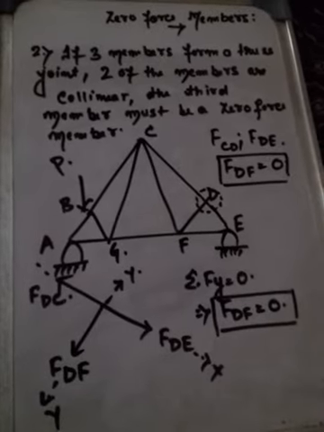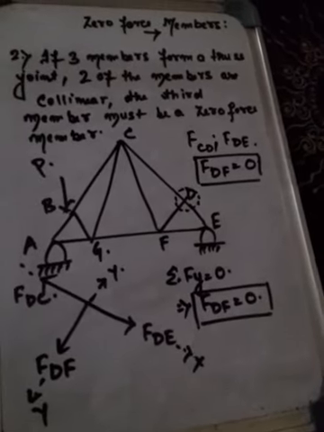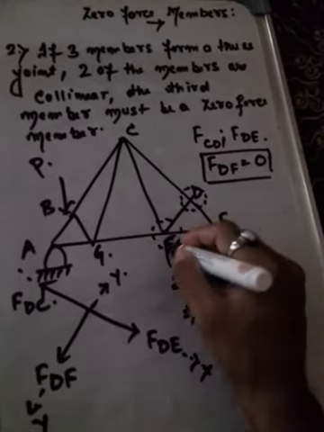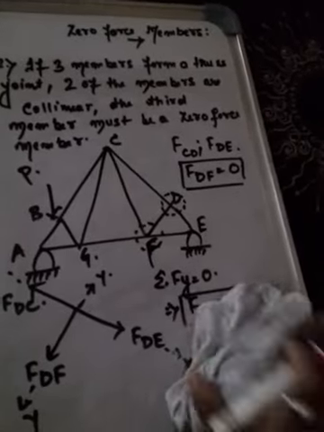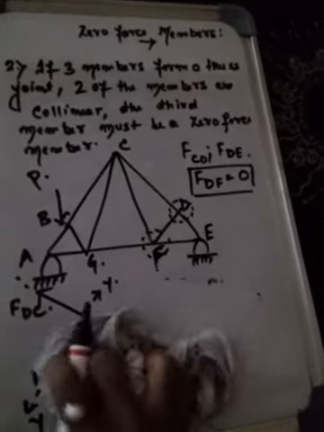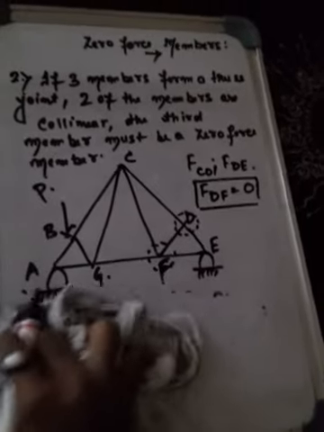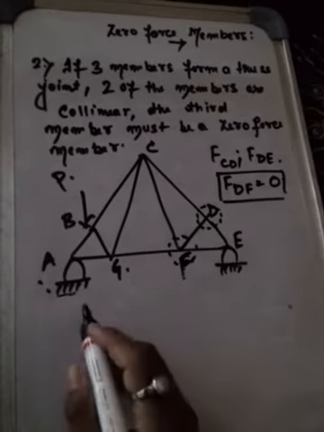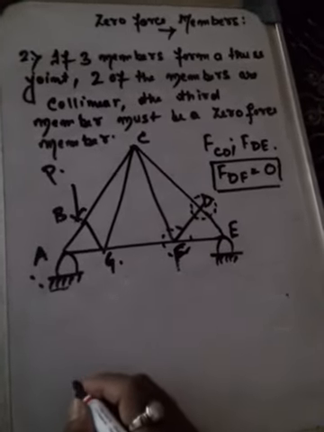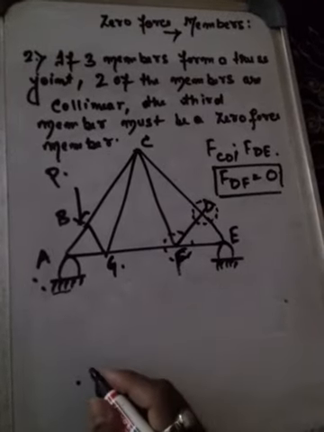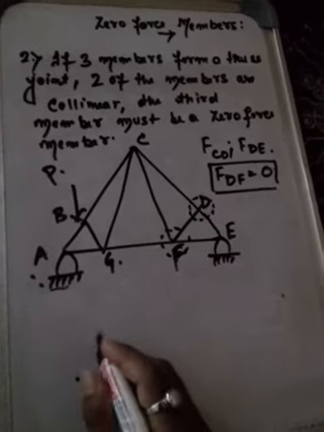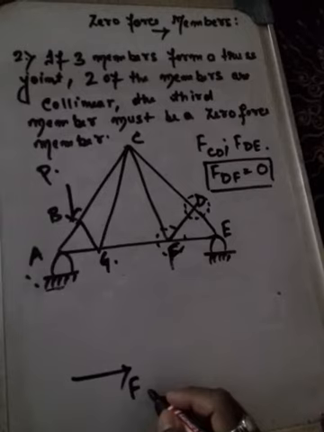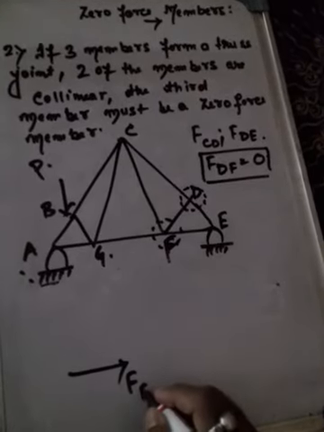Okay, now if we want to quickly see one more joint, that is joint F. What will be the case at joint F? Let us see quickly. At joint F also a similar condition is there. If you draw the free body at joint F, this is FE, right?